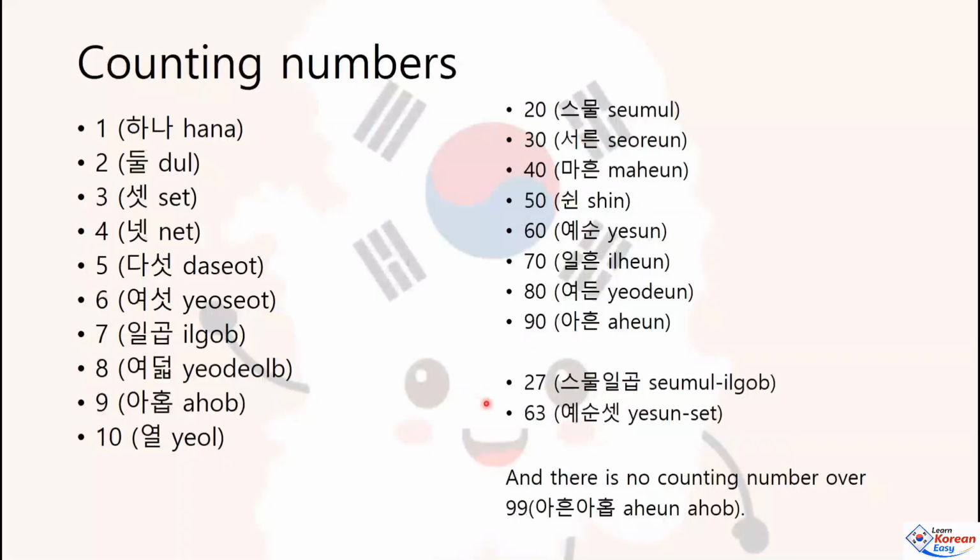Okay. So 27. So pretty much this is saying the age of someone. You're 27 years old, I'm 27 years old. 나는 27살이에요. Yeah. I could say I'm 스물일곱 살, but 27 is more natural in Korean. 63. Yeah.